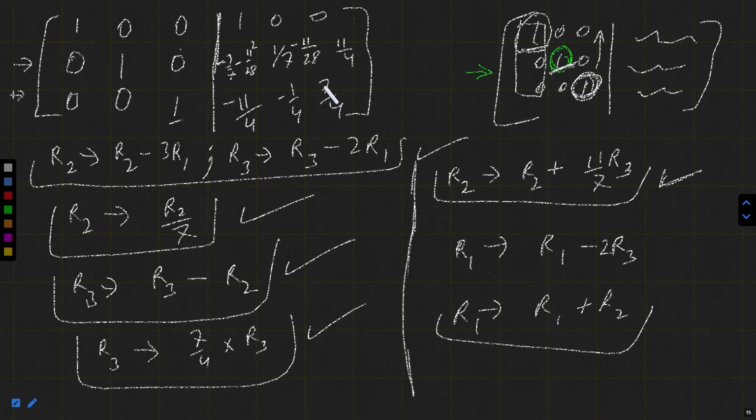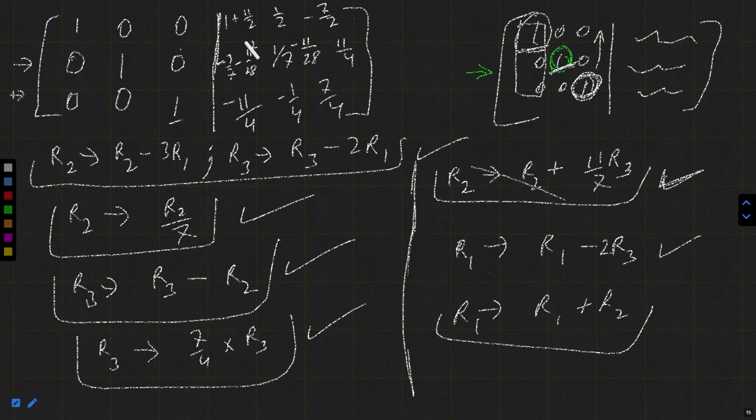So it will be just 4. Okay, this is done. Now for R1. So this means 1 this minus 2 times of this. So 1 plus 11 by 2. Now 0 minus 2 times of this. So 1 by 2. Now 0 minus what? 7 by 2. Okay, clear? Okay, this is done.